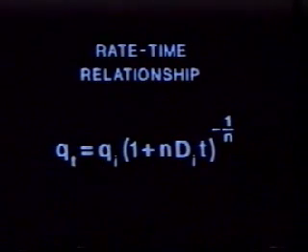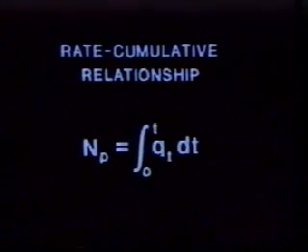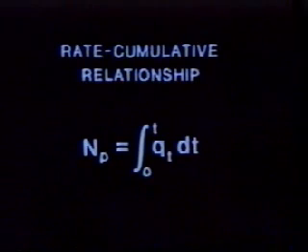We note that in order to calculate a flow rate q at any time t, we must know the value for n, and have calculated a value for d sub i. We shall show how this is done shortly. With one more integration, we may calculate the rate-cumulative production relationship. The integration is that of q sub t with respect to time over which production takes place.